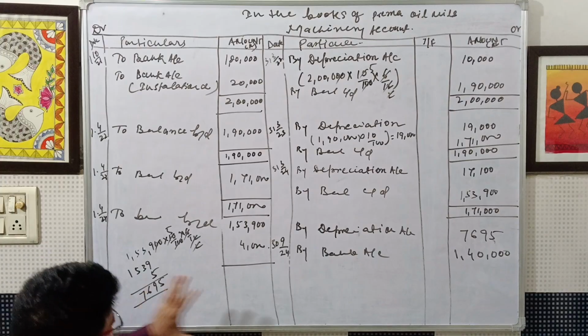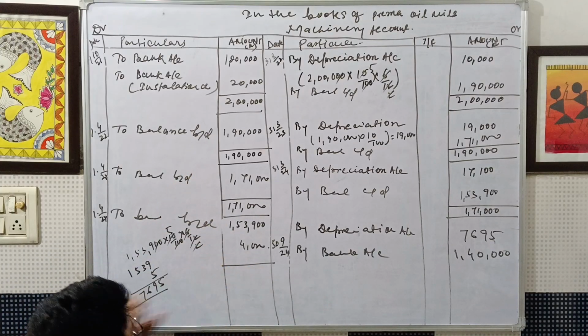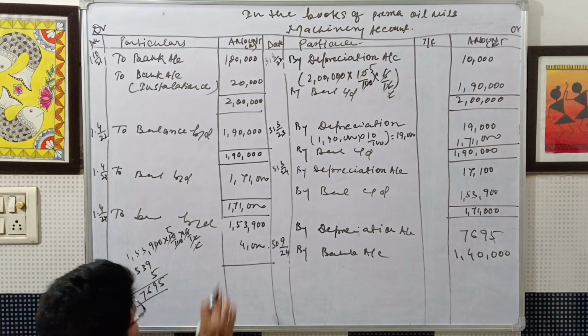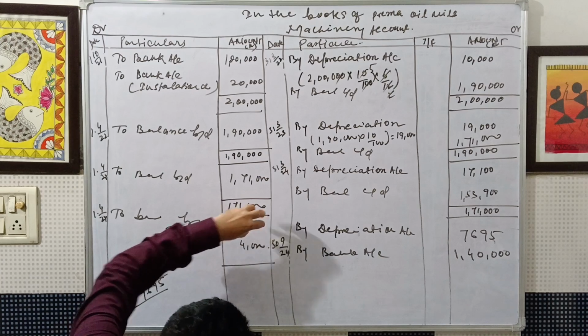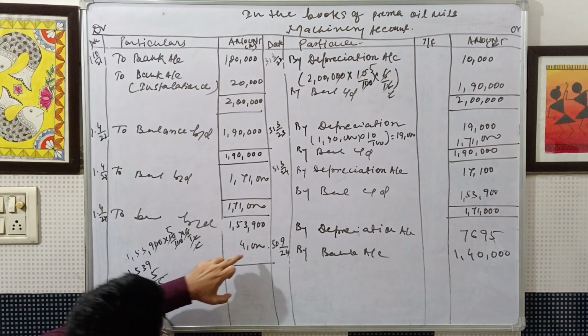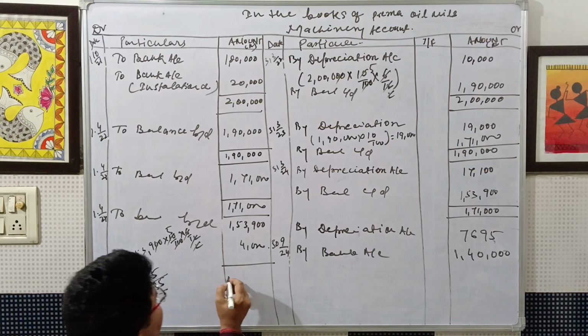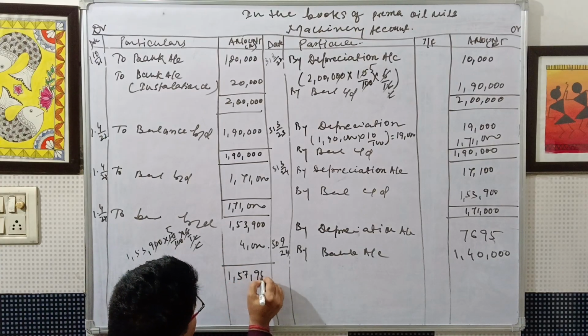Now the key point is how much profit or loss we get on this machine. You have to understand: 1,53,900 is the machine value, plus 4,000 is the charge, so 1,57,900.